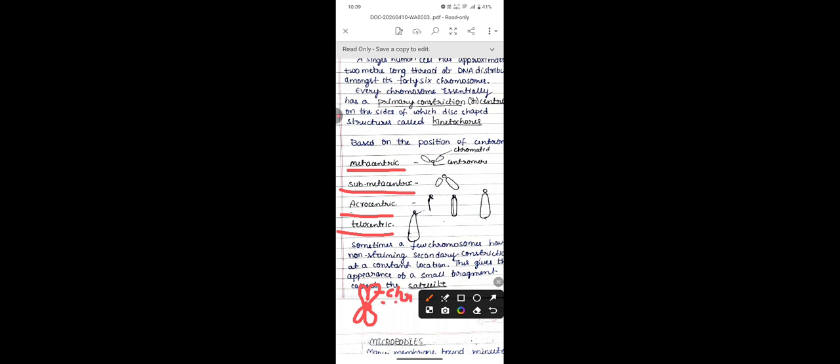Based upon the position of the centromere, chromosomes are divided into the following types: metacentric, submetacentric, acrocentric and telocentric chromosomes. If you see the structure of a chromosome, these are the chromatids, and this will be the centromere or primary constriction, and at the end of the chromatids you can see the telomeres.